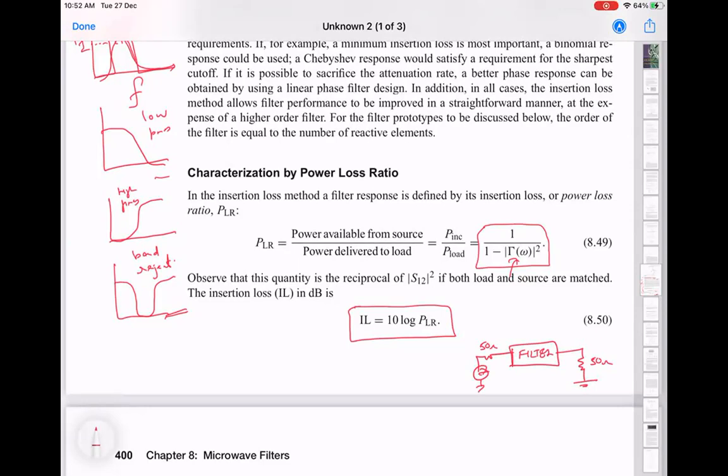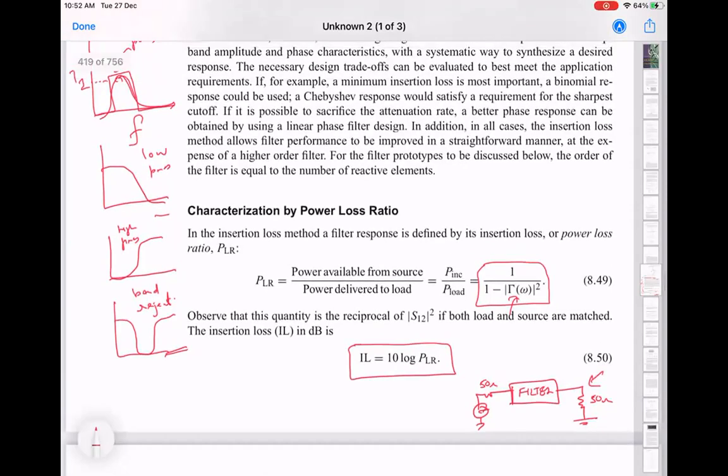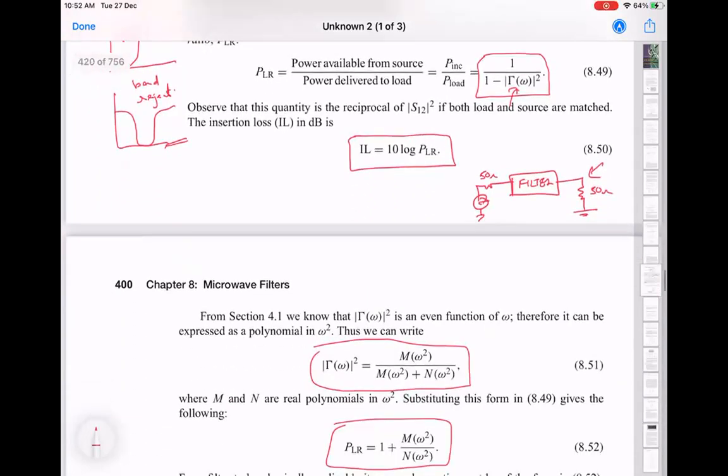So we're talking about the power delivered here versus the power that is actually available, which is essentially the power which would be delivered to the 50 ohms if there was no filter in there. So you go from insertion loss now to a reflection coefficient, and then we know some properties about the reflection coefficient. So we can define some kind of a function to represent this, which is going to follow one of these kind of patterns. Okay.